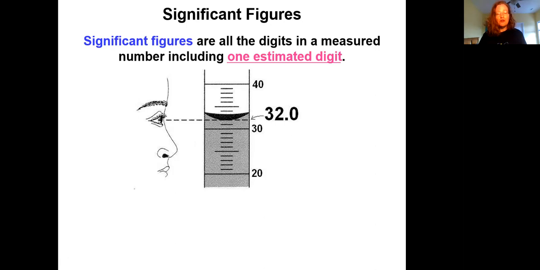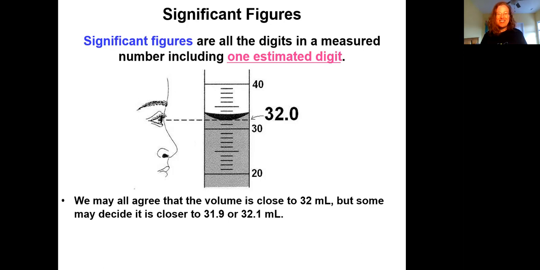So this is going to be 32.0. Now someone else may come around and say, I don't know, it's a little bit under, and they might say 31.9. Someone else may say I think it's a little bit above, so 32.1. We all agree it's 32. It's just a matter of whether it's a little bit above or a little bit below.